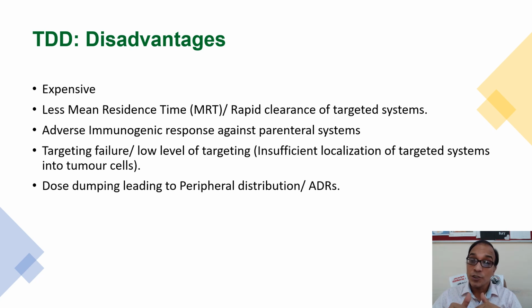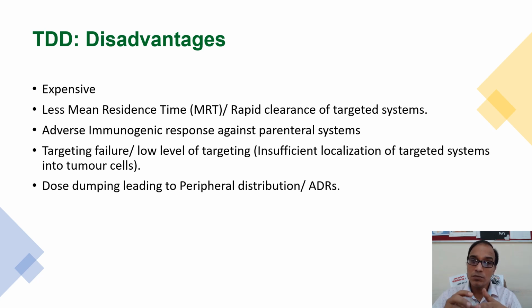Adverse immunogenic response against some parenteral systems, or the systems which are administered through the parenteral route. It might be the case of targeting failure. The drug couldn't reach the target organ or the site of action, or low level of targeting, insufficient localization of targeted systems into the tumor cells.